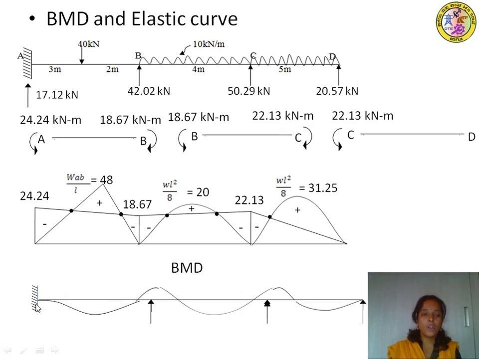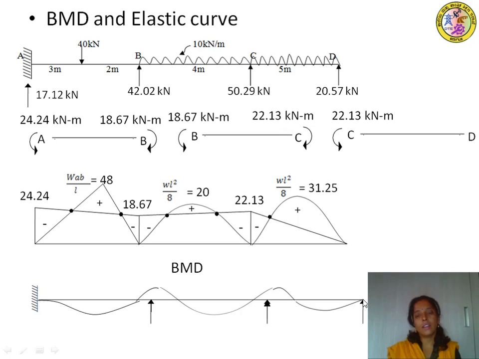You can observe at A, if you draw a tangent to the elastic curve, it will be in line with the beam. So there will be no slope at all. That means at a fixed support the slope is 0, whereas at a hinge or a roller or a simple support, you can draw a tangent to the elastic curve which makes a certain angle.